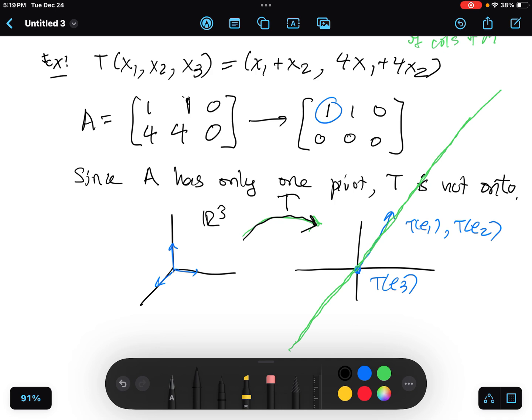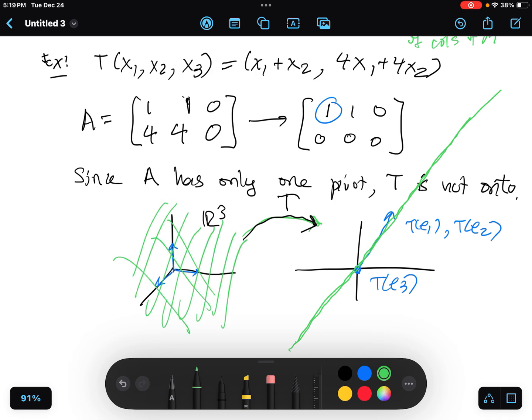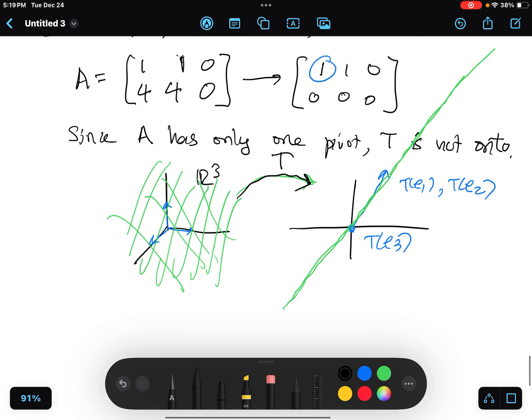You don't get all of R2. So notice that the image of T is the line, all the vectors on this line.